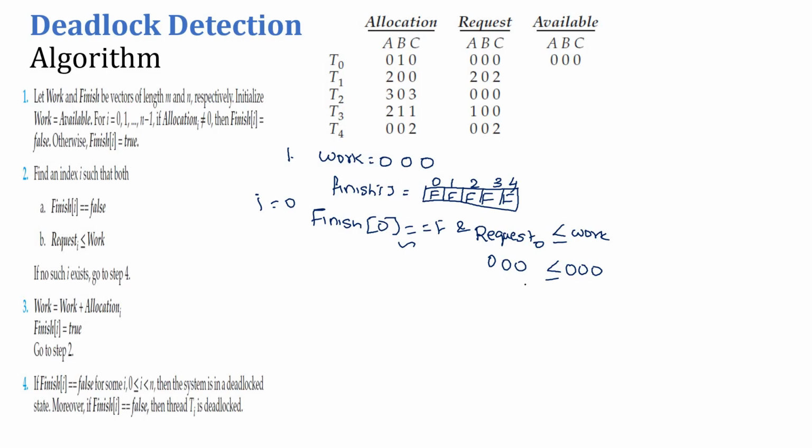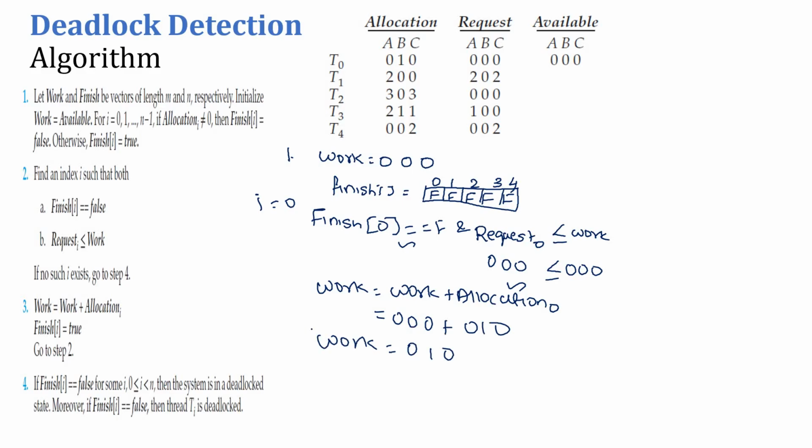So both are equal, and the condition is satisfied. Then the third step: Work equals Work plus Allocation[0]. The Work value is 0 0 0 and Allocation[0] is 0 1 0, so our Work value becomes 0 1 0.